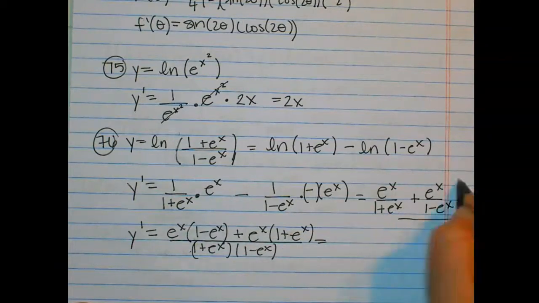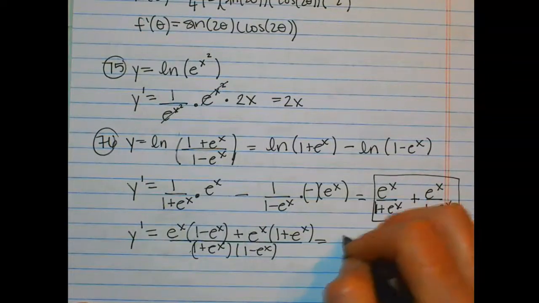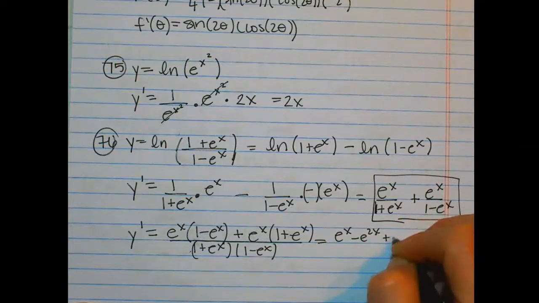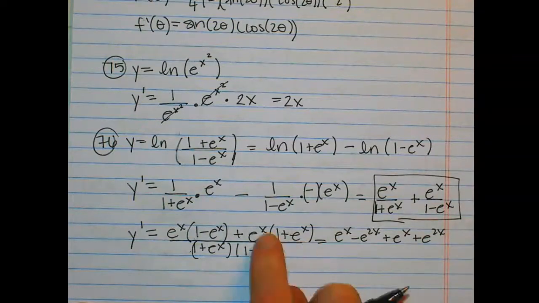Okay, I'm going to suggest that you leave it here, but this is the final answer, which is going to be e to the x minus e to the 2x plus e to the x plus e to the 2x. When we have e to the x times e to the x, we add the x's and get 2x.